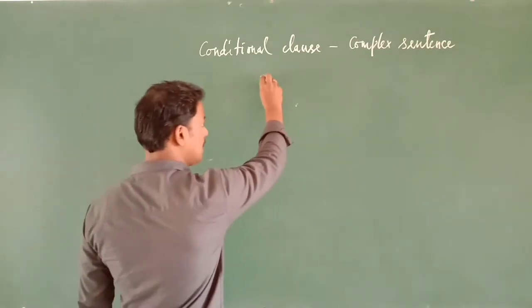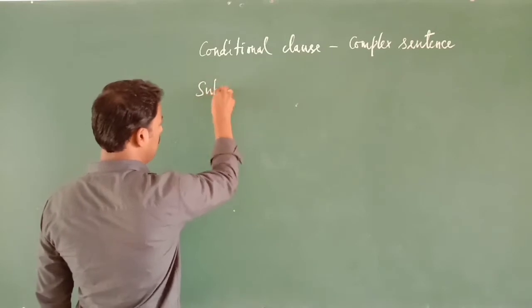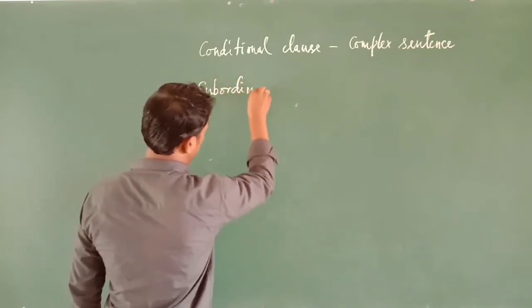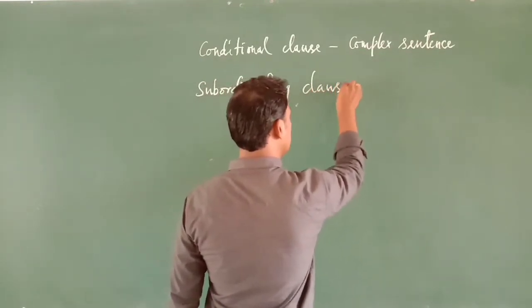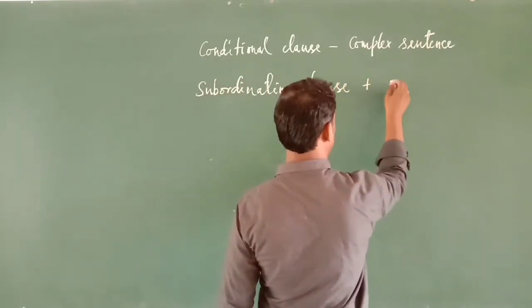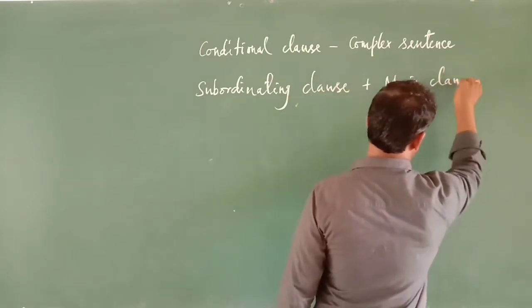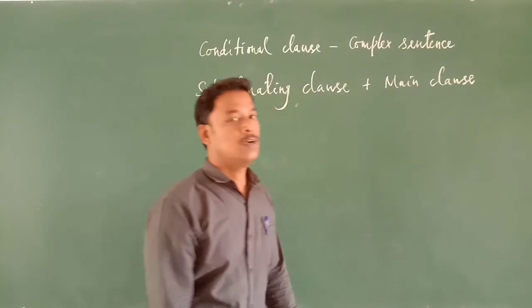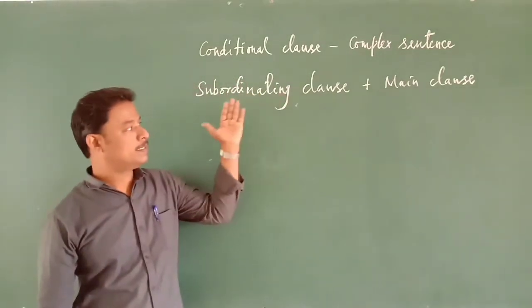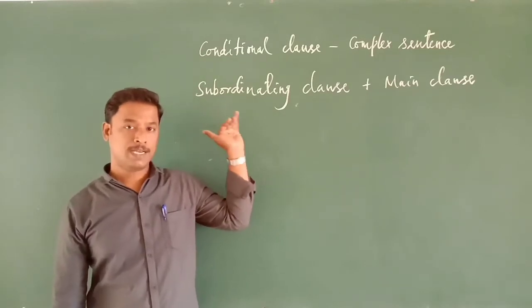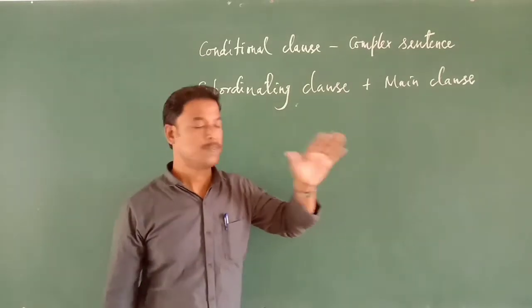So a conditional clause, or a complex sentence, must have a subordinating clause, and this subordinating clause can be followed by a main clause. In some cases, a main clause can be written first, and that main clause can be followed by the subordinating clause.